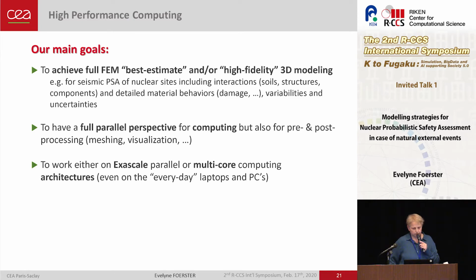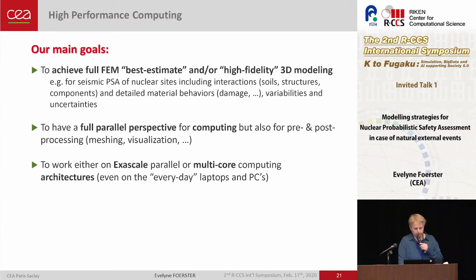And so the purpose is to be able to model everything with respect to the site, including multiphysics, I would say, and interactions between all components of the problem, and having very detailed material behaviors going to damage, because if we want to talk of accidents, it's important to talk of damage also, and also to include uncertainty.